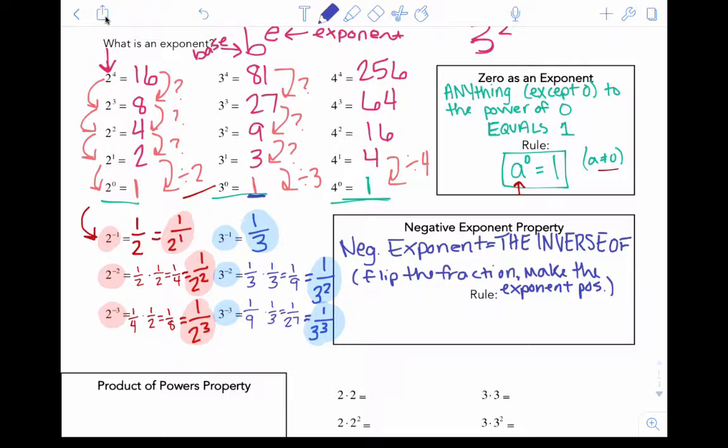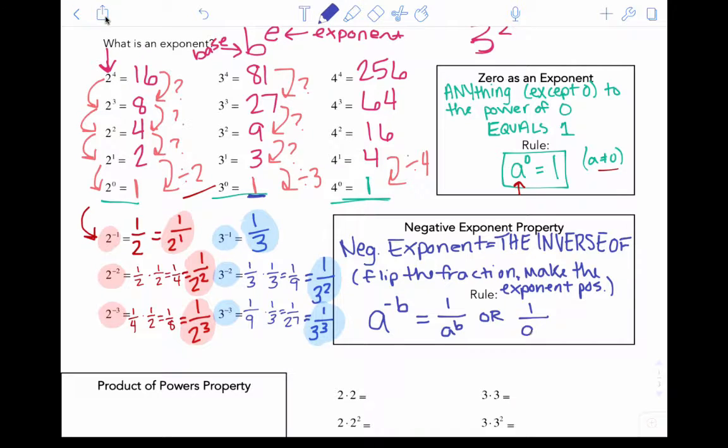Now, to write this as a rule, I'm going to write it out two different ways. I'm going to say when I have any base to any negative exponent, I'm going to take the inverse of it, so it's going to create a fraction. I have that same base, but my exponent becomes positive. My other option is what if I start out with a fraction?